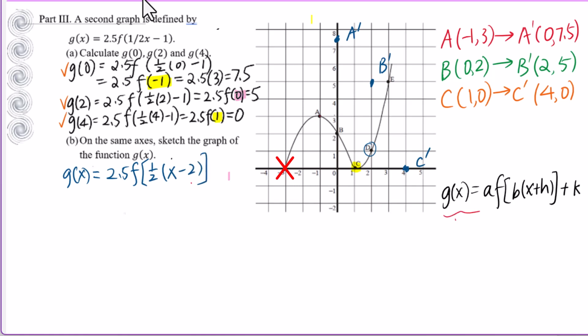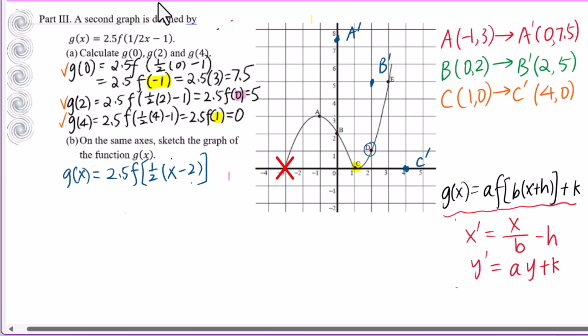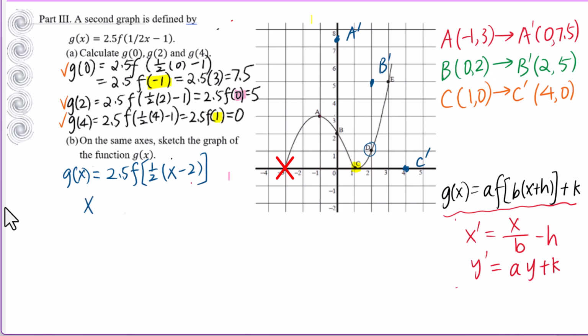We do know for g of x equals a f of b x plus h plus k, x prime equals x over b minus h. y prime equals a times y plus k. In this problem, x prime equals x over 1/2, which is 2x plus 2, and y prime equals 2.5y.